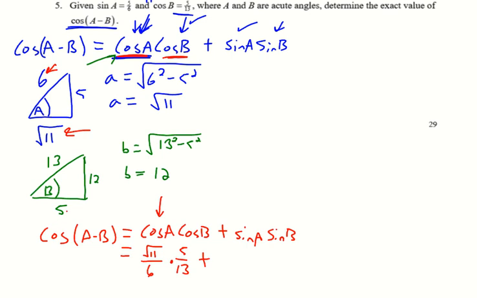Plus sine A, I already knew that one. It's 5 over 6. And then sine B is 12 over 13.